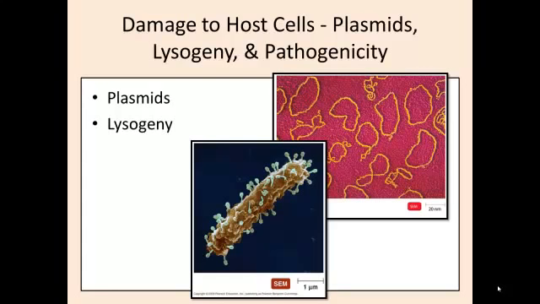Now, it's kind of the same thing as a plasmid. They can carry genes for other than their own benefit. They carry genes for toxins and for other things that make the pathogen more virulent. Okay, so those are examples of how a pathogen can become stronger through infection. Doesn't seem fair, does it?